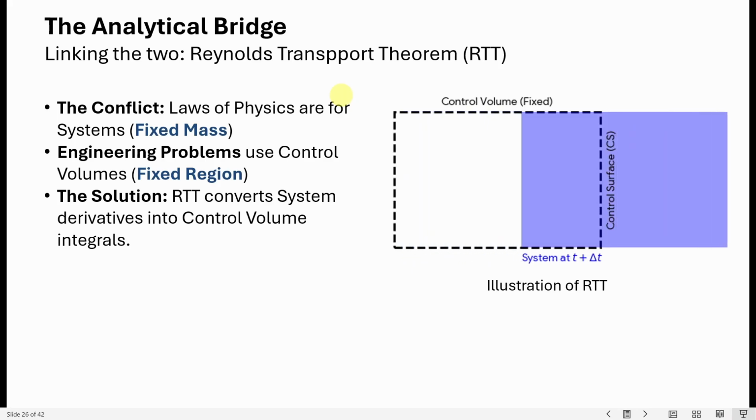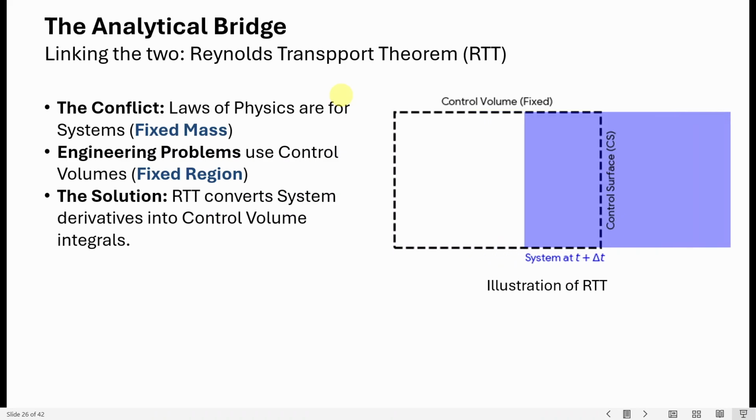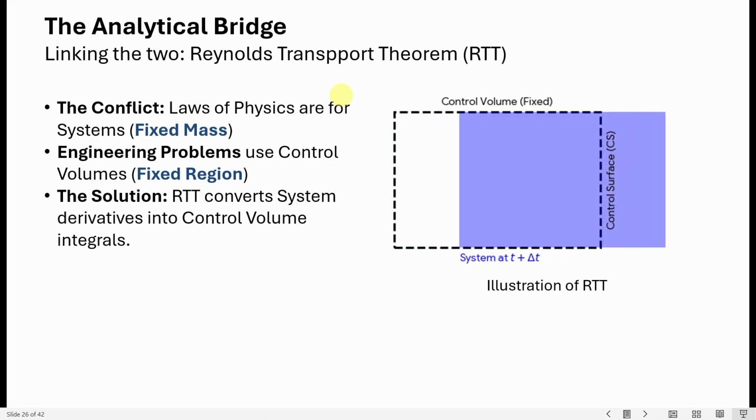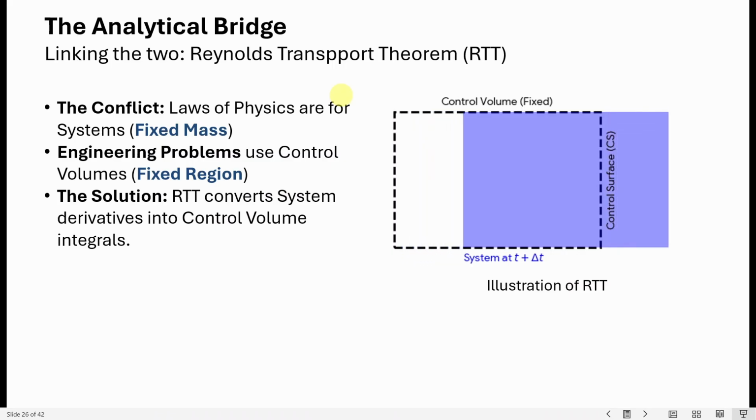However, when you define a system that you want to use, either a closed system or the control volume approach, you will get different types of mathematical expression for each of the basic laws.